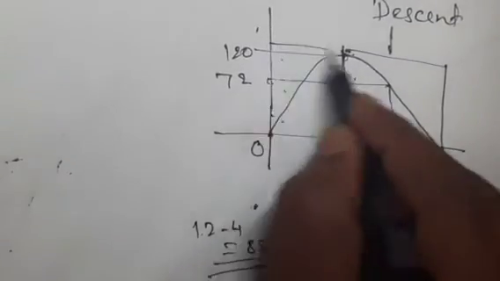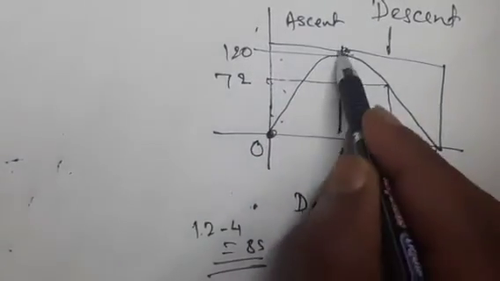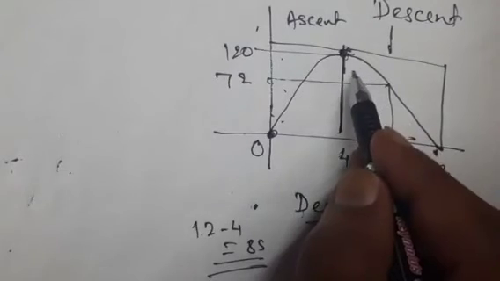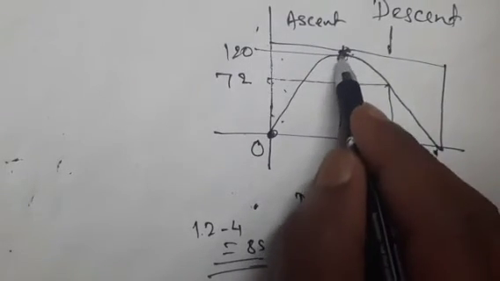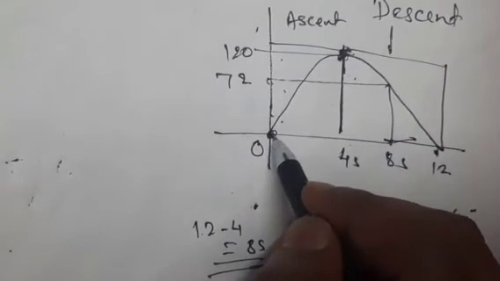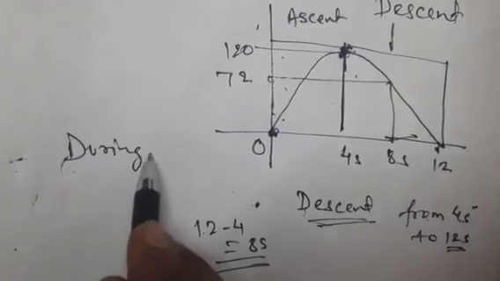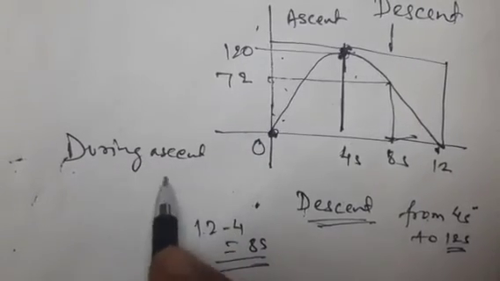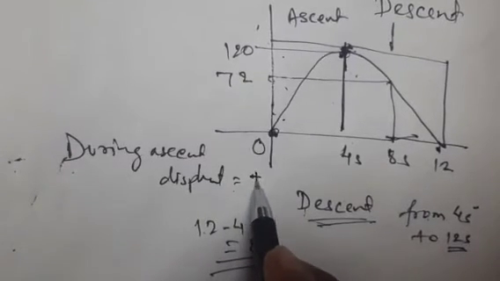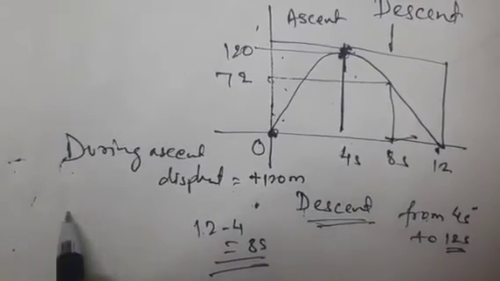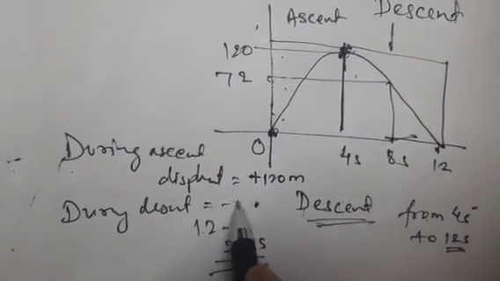And during the ascent part, it traveled from a height of 0 meters to a height of 120 meters. So final position is positive 120 vertically upwards, and initial position is 0. So during ascent, displacement was positive. Ascent displacement is positive 120 meter. But during descent, it is negative 120 meter.